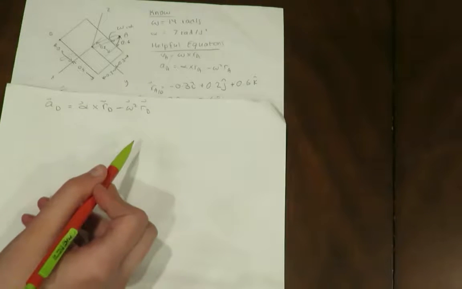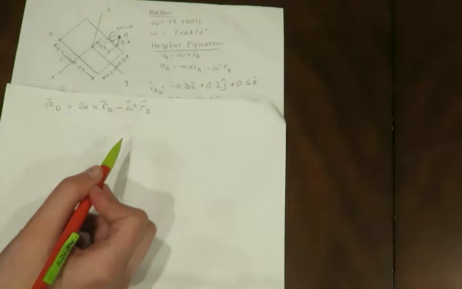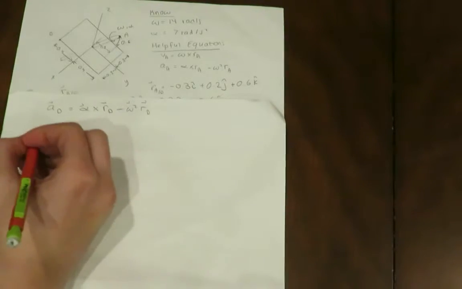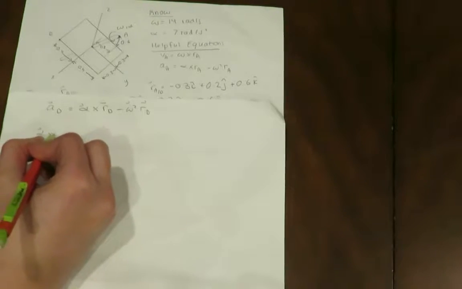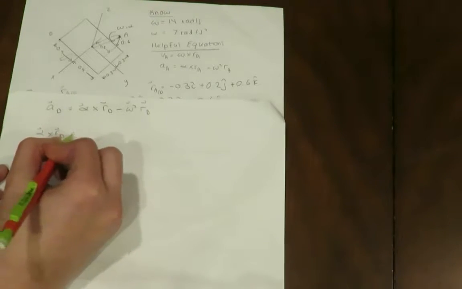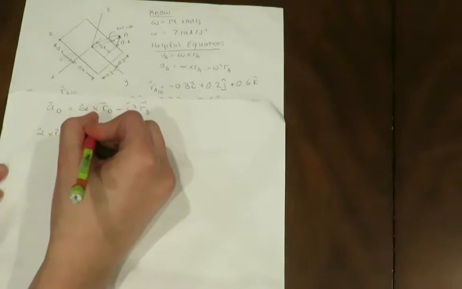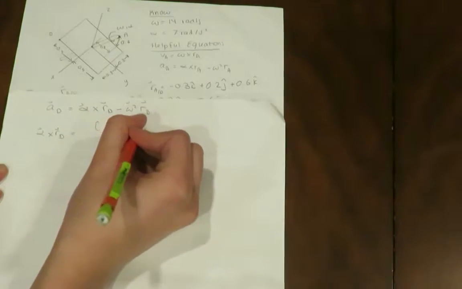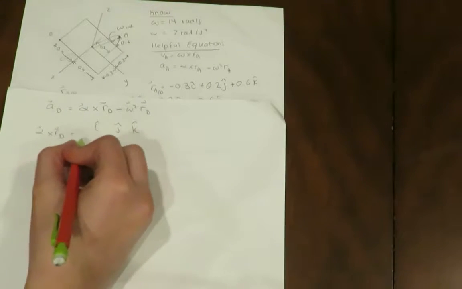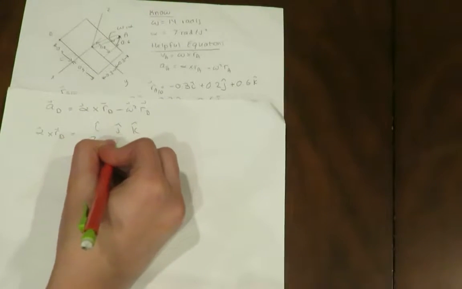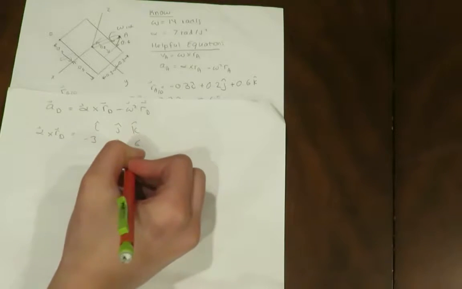I want to break this up into steps just so it's pretty clear what's going on. First I'm just going to do alpha cross RD. We found alpha and RD already. Alpha was negative 3 i hat, 2 j hat, and 6 k hat.